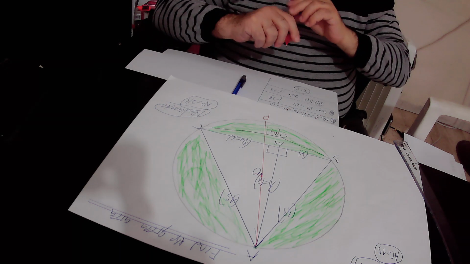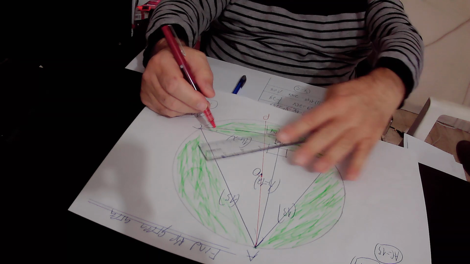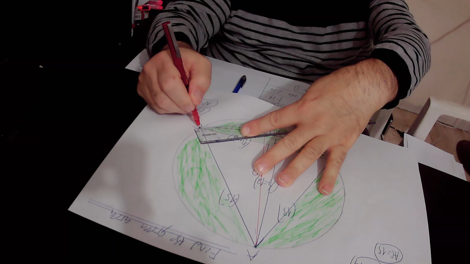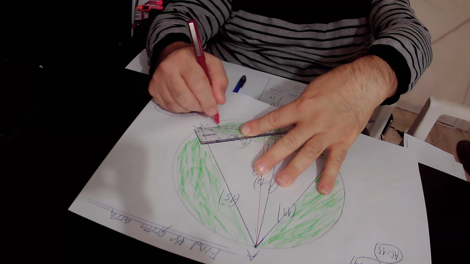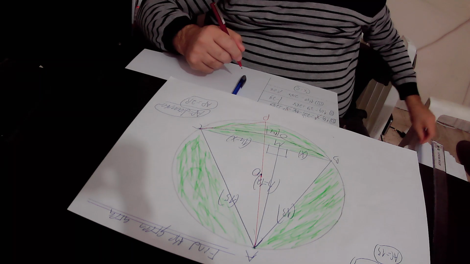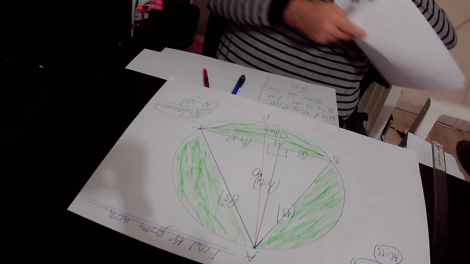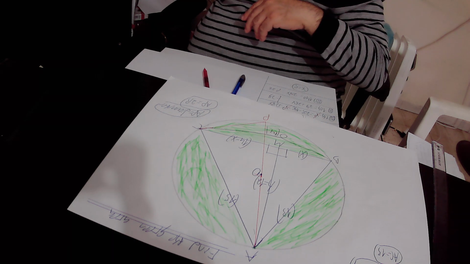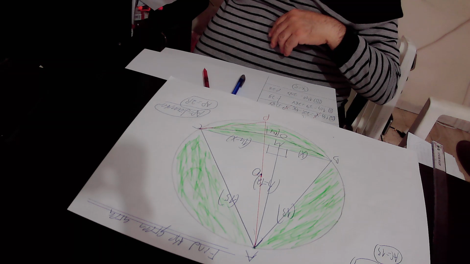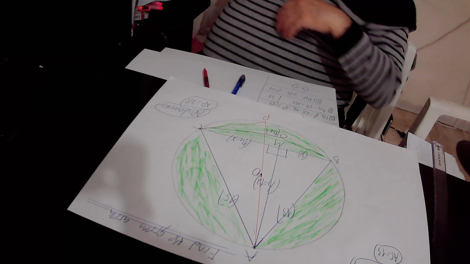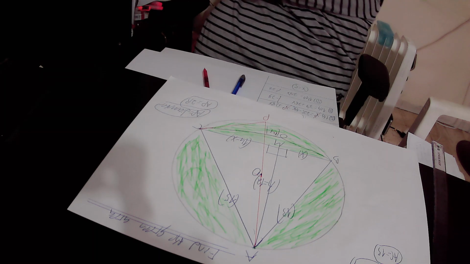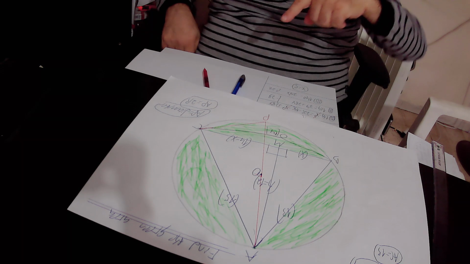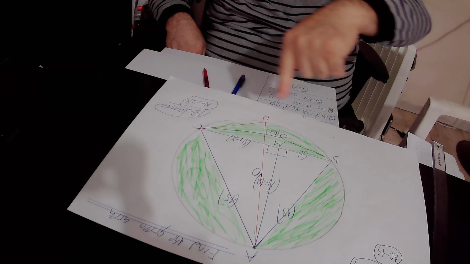In the next step, we'll join points C and P together by a straight line. By joining points C and P, we actually created here peripheral angle ACP.